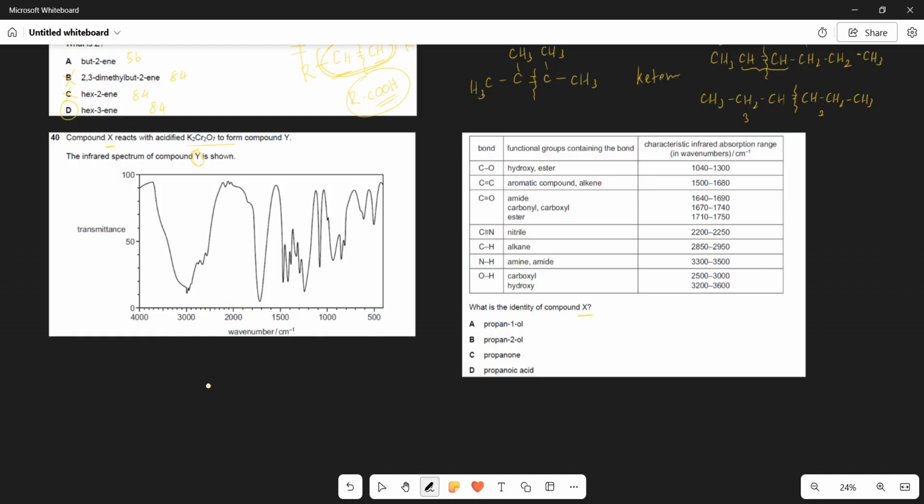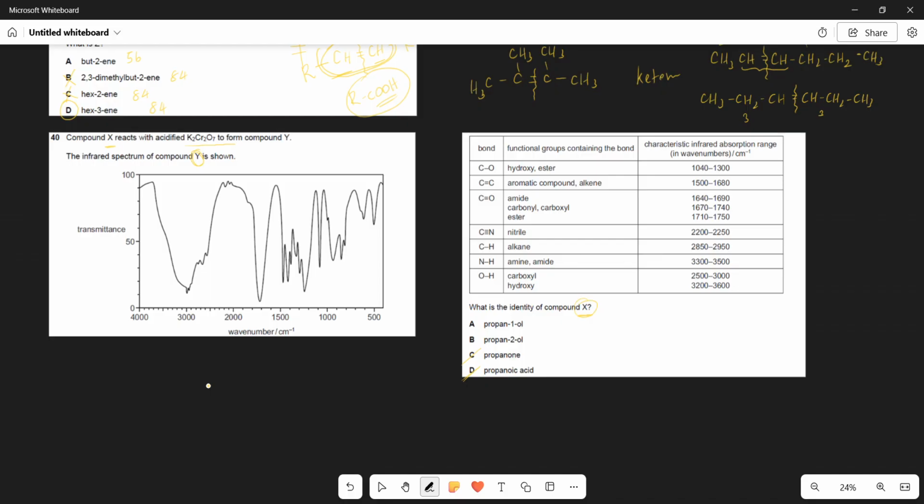A secondary alcohol can be converted into a ketone. This is what I know. So I eliminate choice C and choice D because these two are the products. They may be Y, they are not X, because they are asking about X. The choice is having some kind of Y, so I am not going to consider them.